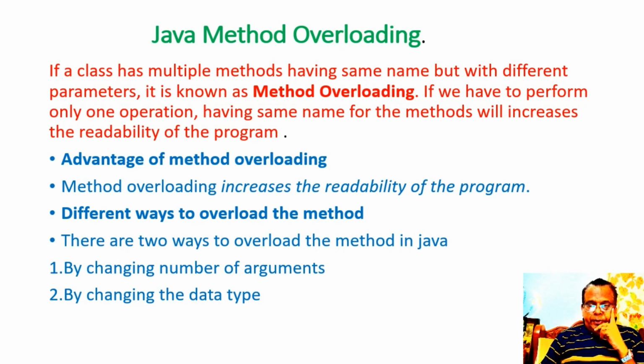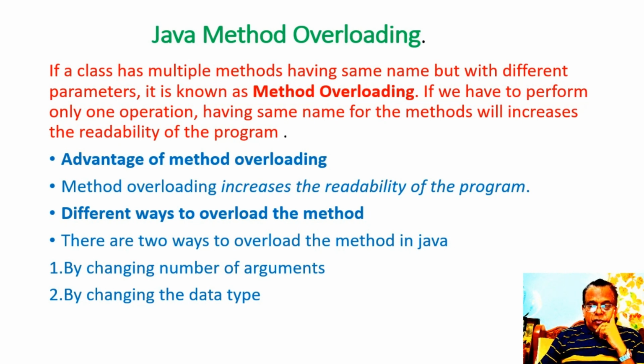If we have to perform only one operation, having the same name for the methods will increase the readability of the program. Advantage of method overloading: it increases the readability of the program.